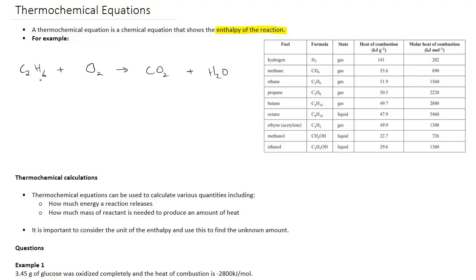We have 2 carbons on the left hand side, and so we need 2 carbons here. Next we're going to have a look at our hydrogens. We have 6 hydrogens on the left hand side and only 2 hydrogens on the right hand side. So we need 3 in front of this hydrogen. And so now we've got 3 times 2, so 6 hydrogens.